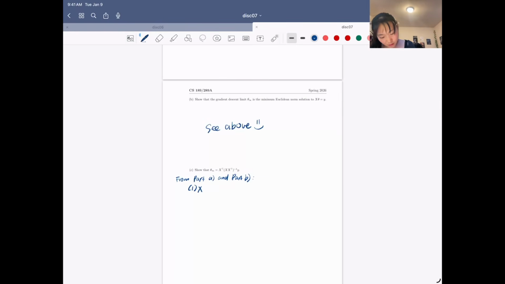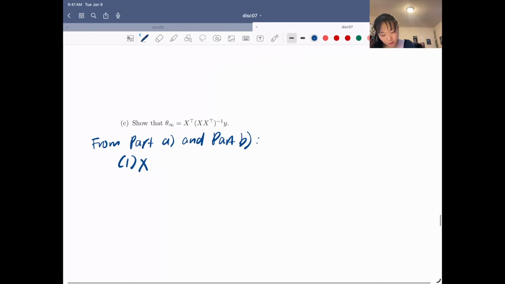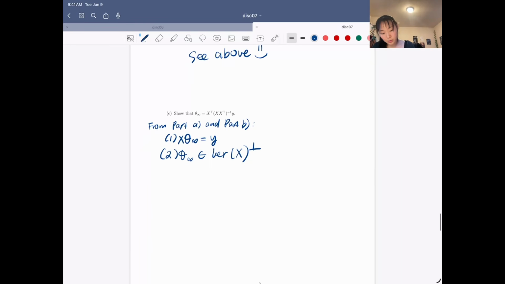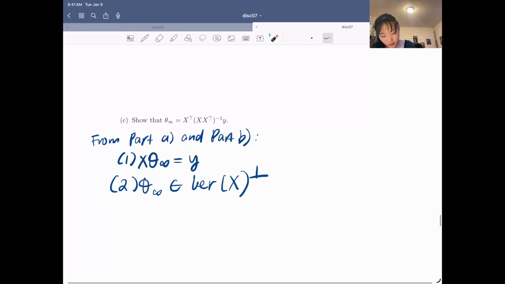Okay, so we know that theta infinity is a solution, and we also know that theta infinity sits in the subspace perpendicular to the kernel space. And so we want to show that this is equivalent to this.